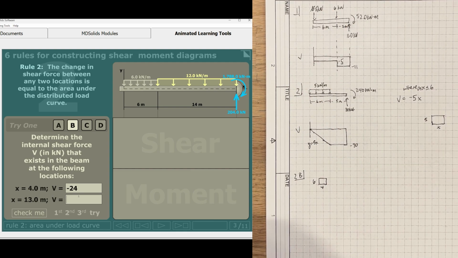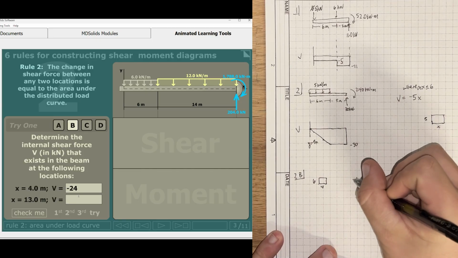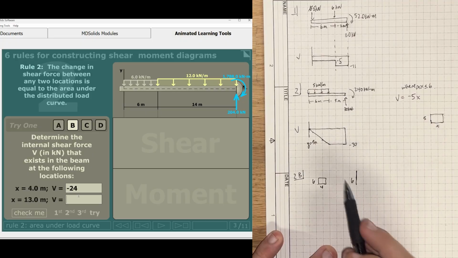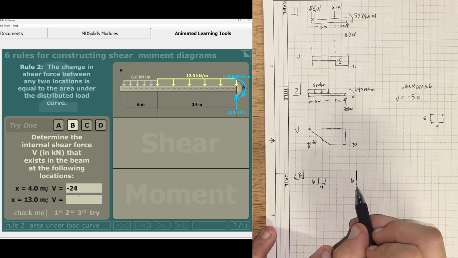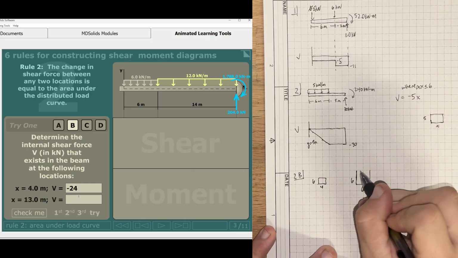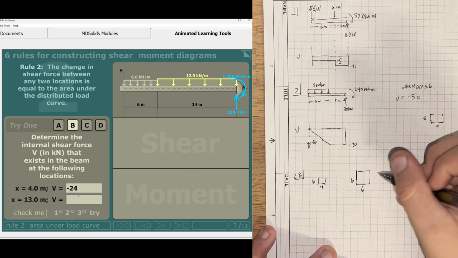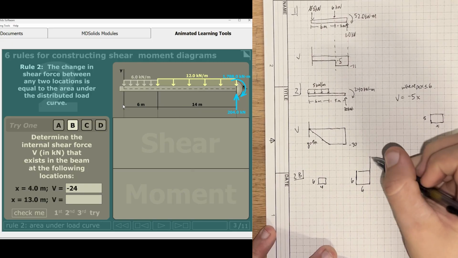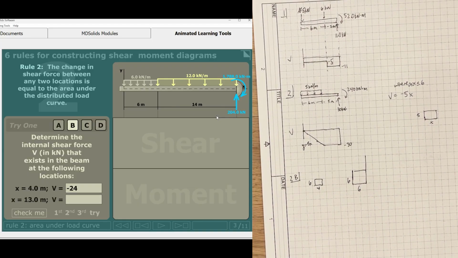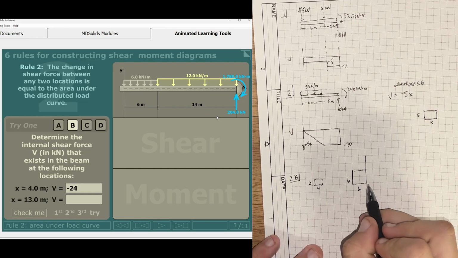Now, whenever we get to x equals 13, it's going to look something like this. So we've got that 6 right here, and I'll try to use a bigger scale here for this. So 6, and then it's going to go by 6, which is just a square. So 6 by 6. And then we move up to 12. So then we've got this 12 by 14. Well, guess what? We're only going 13 meters in. So if you take 13 minus 6, that's going to end up giving us 7.